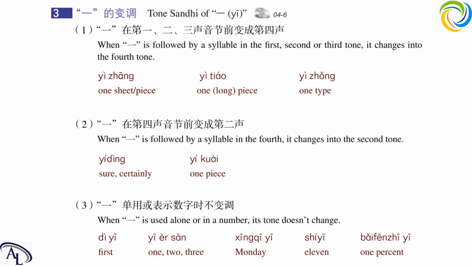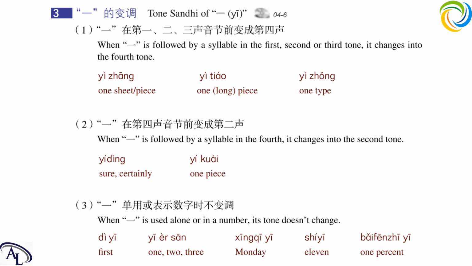The next one, 一条. 条 is second tone, right? So it changed to fourth tone. Last one, 一种. 种 is third tone, and 一 changed into fourth tone. Okay, and when it is before a fourth tone syllable, it will change to second tone. For example, 一定.